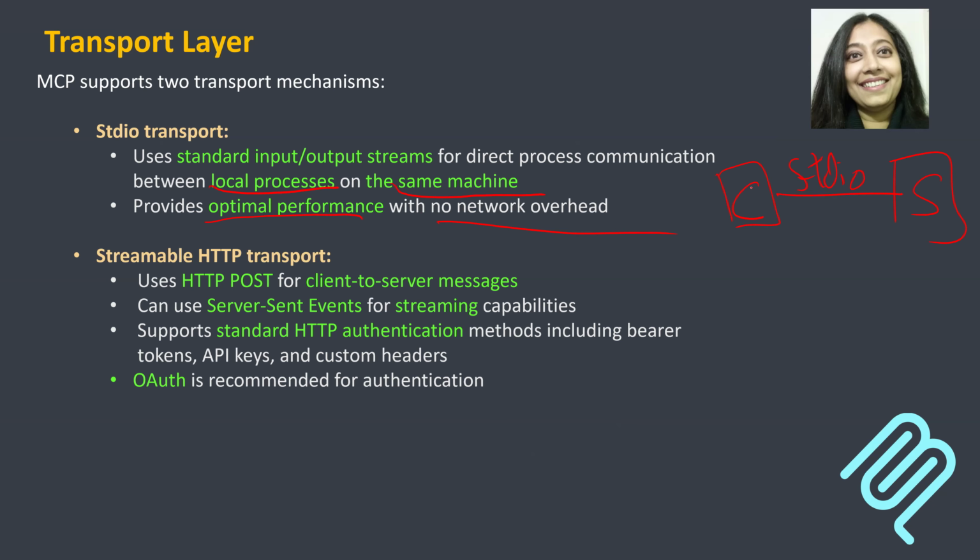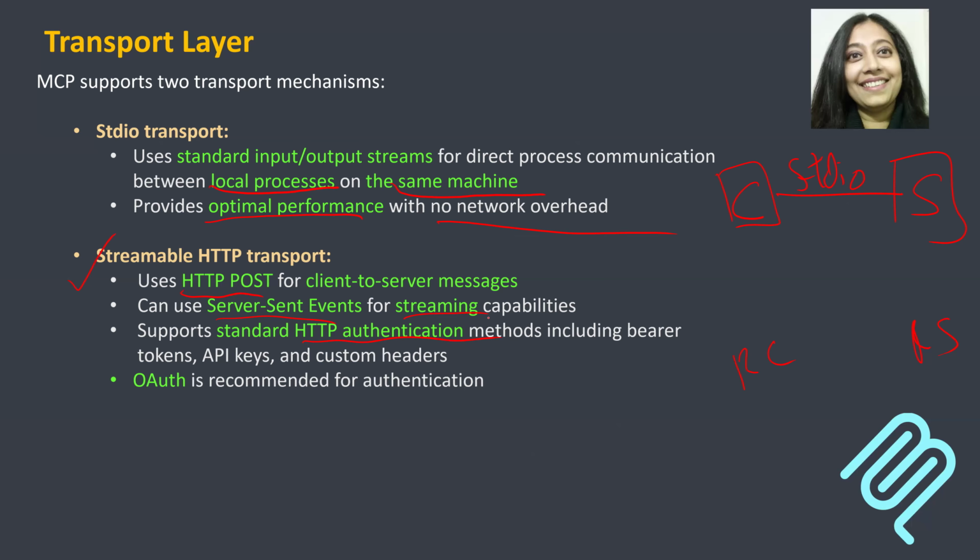But that is not always the case, right? You could have a remote client and a remote server. Well, in that case, streamable HTTP is your answer. Streamable HTTP behind the scenes uses HTTP POST. It can also use server-sent events for streaming capabilities. Since streamable HTTP relies on HTTP POST, it supports standard HTTP authentication.